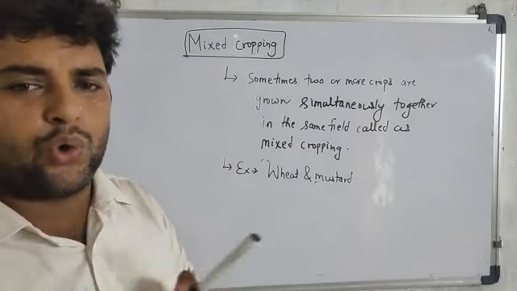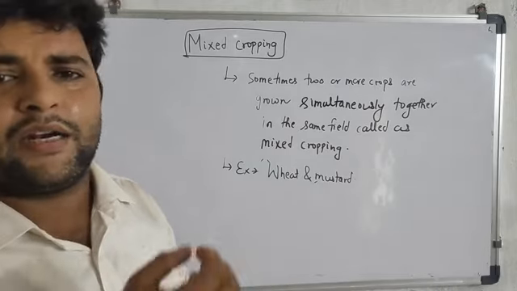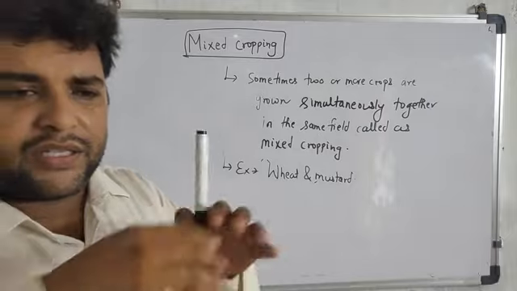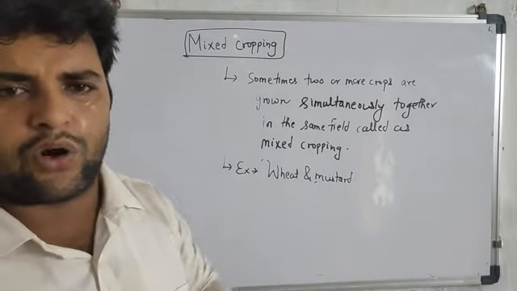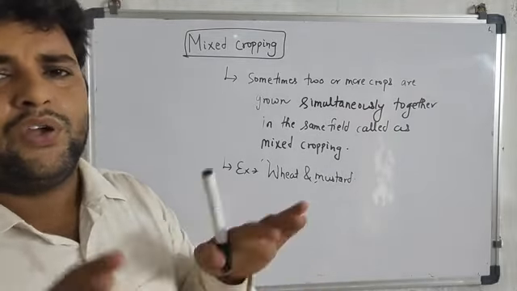There are two crops, the mustard as well as the wheat. Both are cultivated in a single farm or a single crop land. So whenever two or more crops are sown in a particular field in a particular season, this is known as mixed cropping.